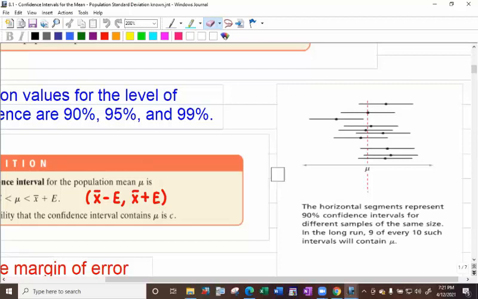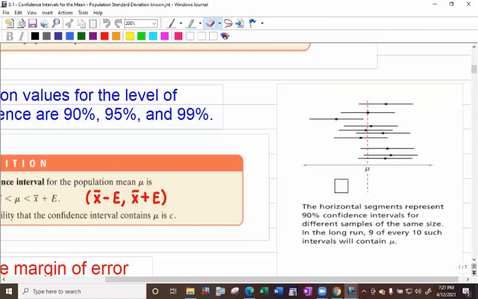Suppose somehow later, and a lot of times you're not going to know this, but hypothetically, we found out that the population mean was the value on the x-axis where that pink line is. Notice that the third one does not overlap that line. That's an example of a confidence interval where the population mean did not fit in the interval. Like I said, it doesn't mean anything was wrong.